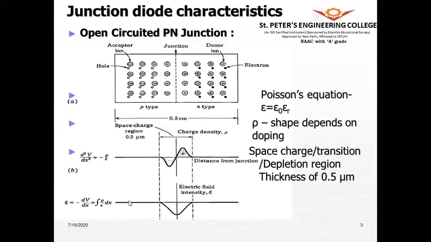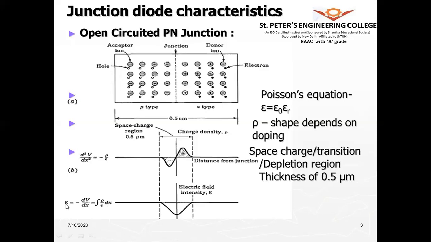If we integrate this Poisson's equation once, we get the field intensity, epsilon, which is minus dV by dx, which is nothing but the integral of rho by epsilon dx.